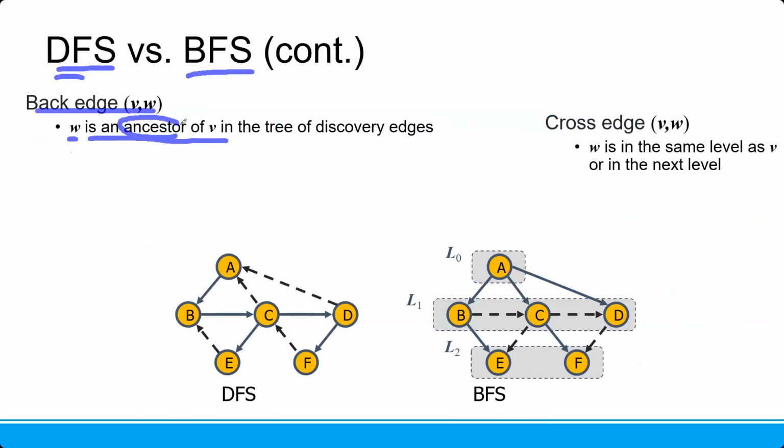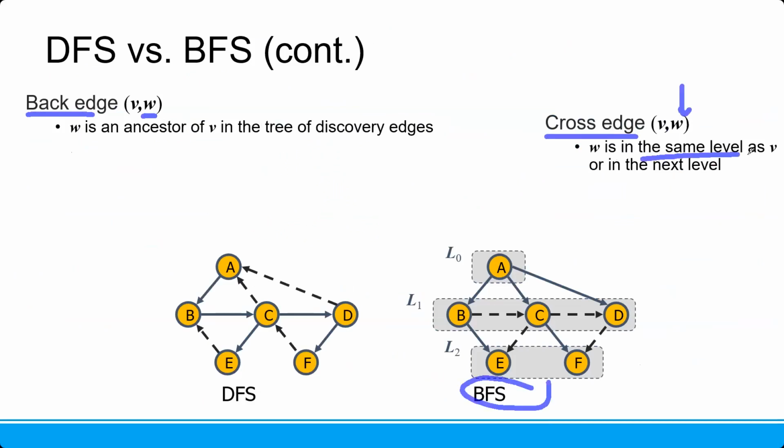You still remember ancestor? If we have a tree like this, this is the child, this is the parent. If it is the parent, then this is the ancestor. So once we know that W is the ancestor, it is a back edge. A cross edge in the BFS means W is on the same level as B. So this is L1.